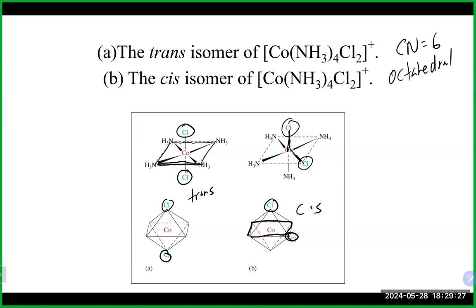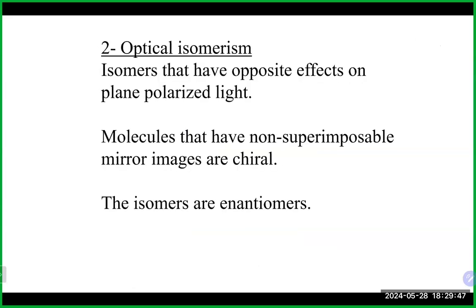They're both on the bottom side of the plane of the molecule. So in the case of a coordination number of 6 in the octahedral geometry, usually the trans ones will be on the opposite sides, above and below. And they'll be on the same side of that plane if they are cis.